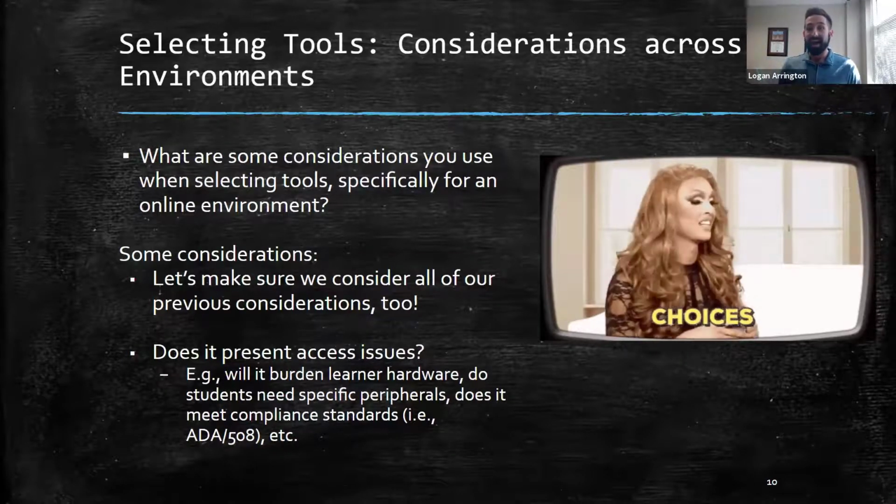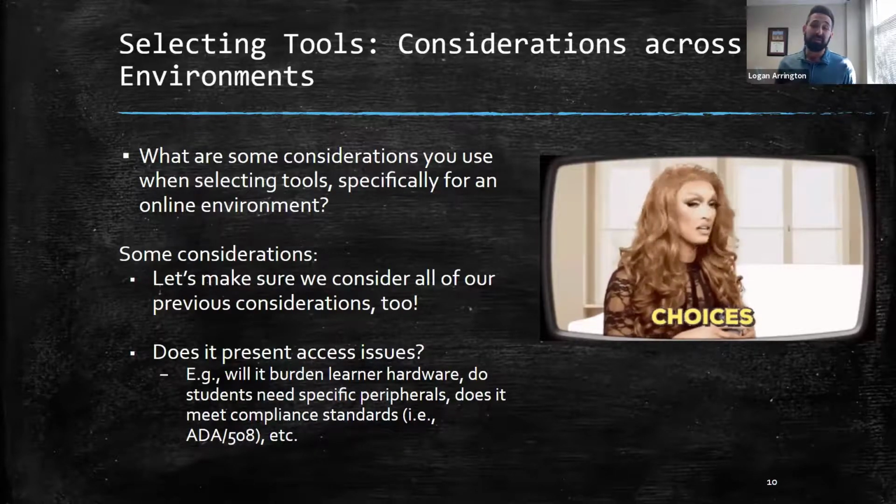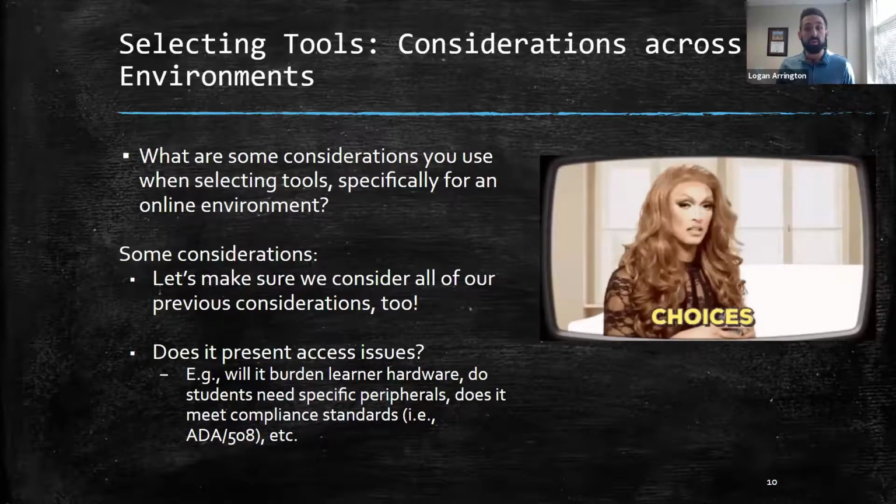Not all learners have access to the tech that they need. So if you want students to edit a video with Vegas or something that could be a heavy processing tool, you should be cognizant of that, or make sure you understand your learners and know that they have access to that technology.